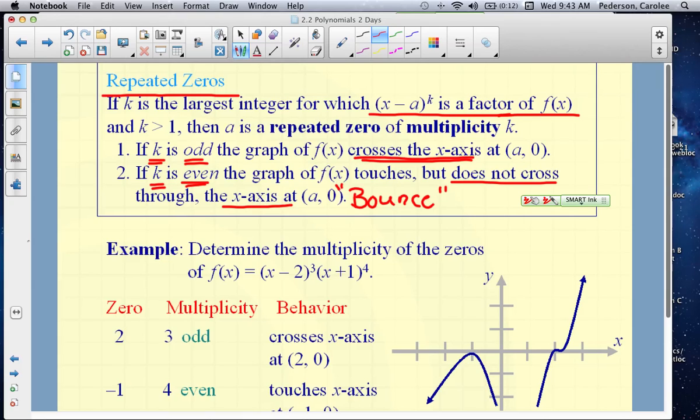So go ahead and write down those things that I've underlined. And then we'll look at an example. And you can choose if you want to write the example down or not.